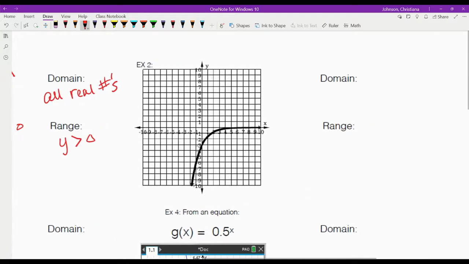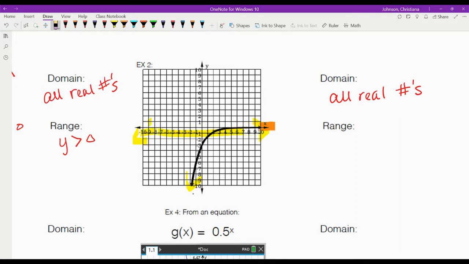Okay, so on this one, again, we have arrow to arrow for all real numbers on our domain.